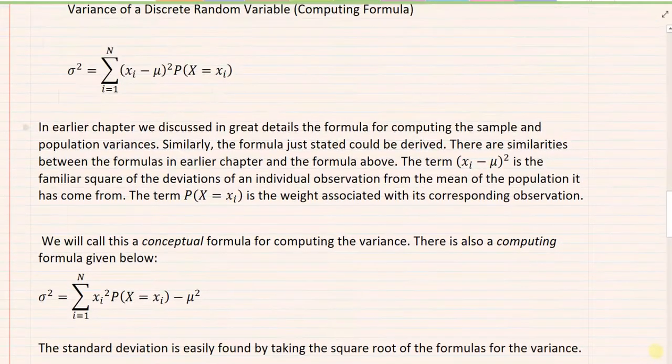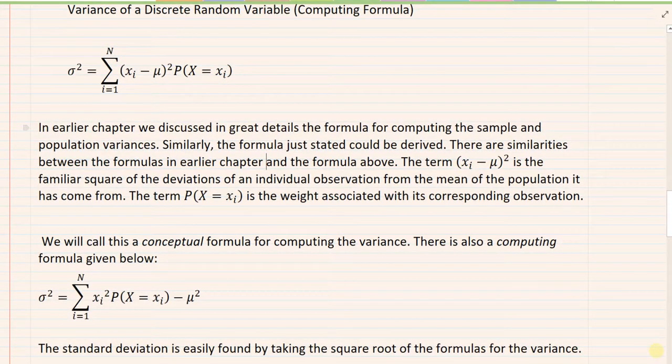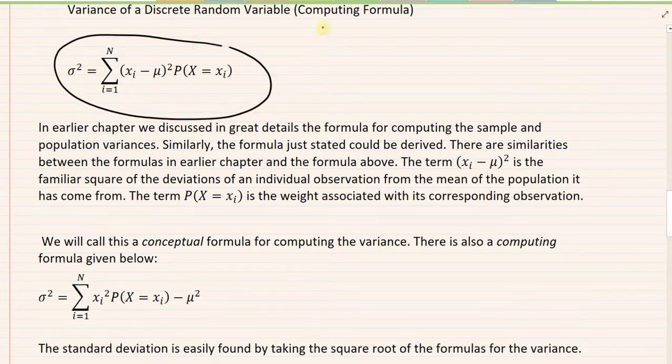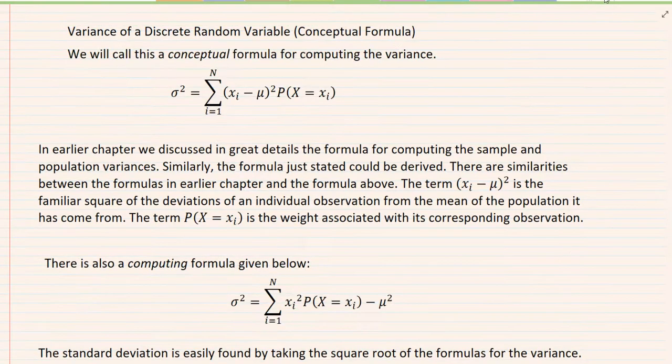Now, there are two formulas here, and they're really the same. One is what we call conceptual, and the other one is the computing formula.